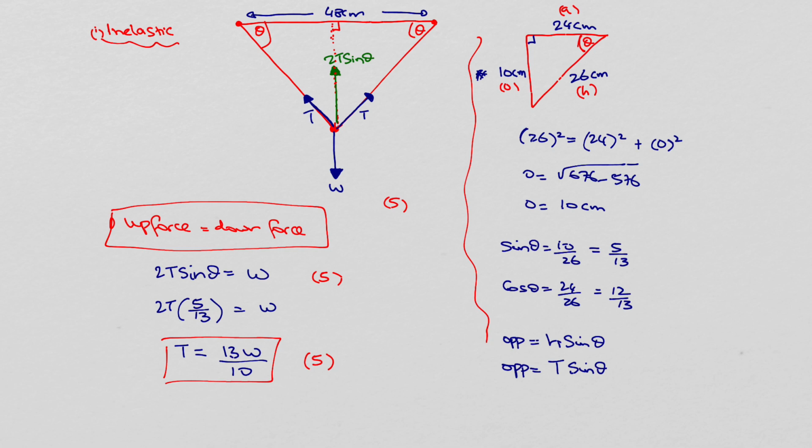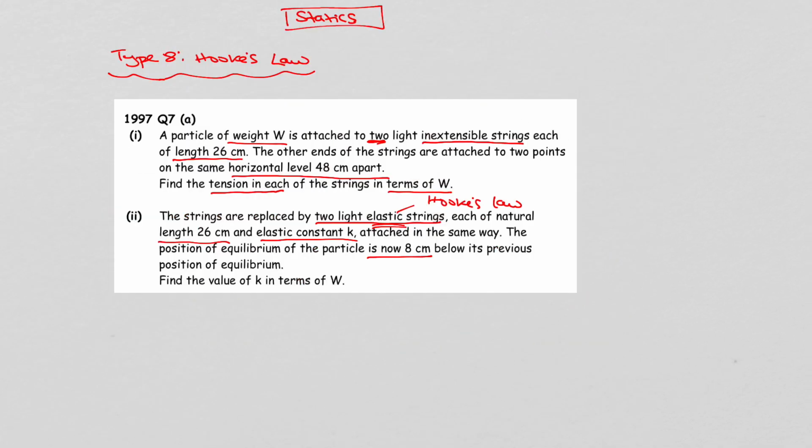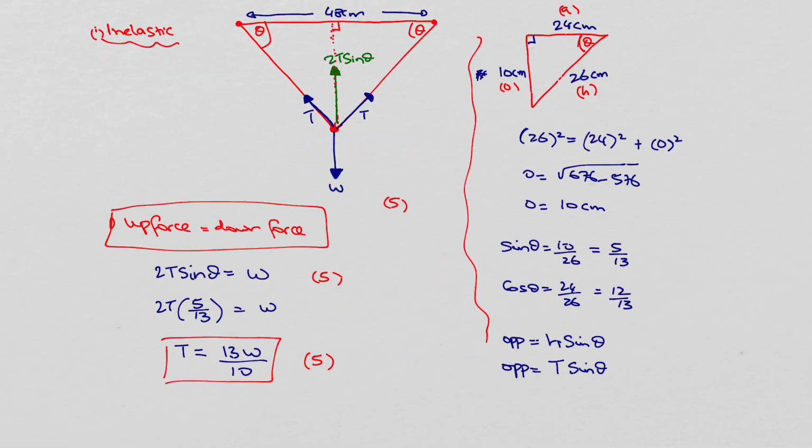So now when we attach the weight to the two strings, it bounces up and down and then comes to rest at an equilibrium position of 8 centimetres below its original position. So that means 8 centimetres plus the 10 centimetres is now going to hang at a position of 18 centimetres below that horizontal line. And what we want to do is use that information to find the value of K in terms of W. So let's draw a new diagram.